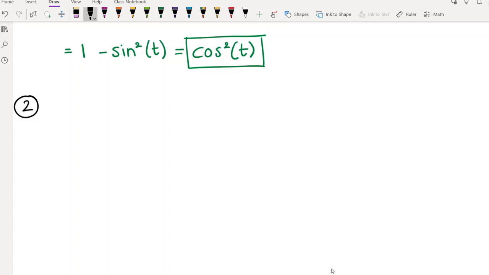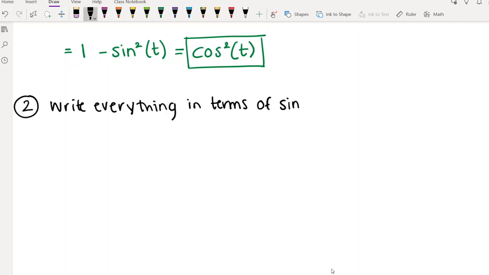Okay, so the second method we're going to use is we're going to start by writing everything in terms of sine and cosine, which is a strategy we already talked about last time. But what's new here is that, using the fact that we're rewriting things in terms of sine and cosine, that means that you'll have some fractions, right?